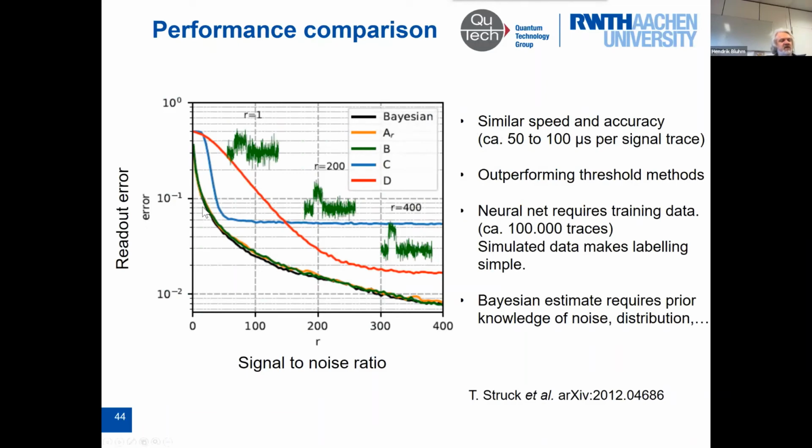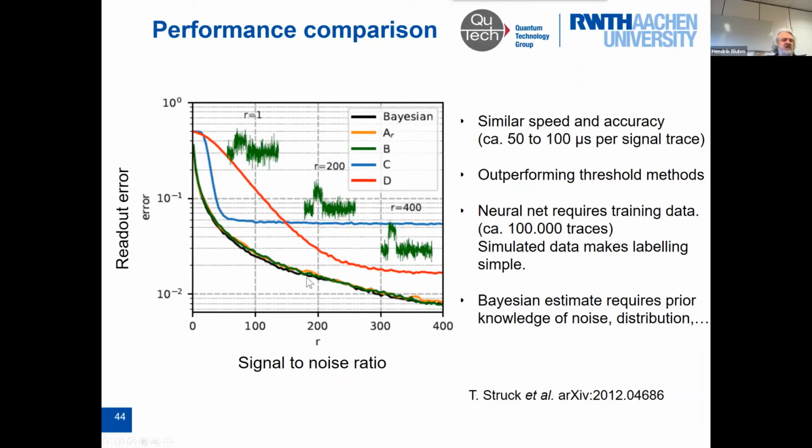And what we find is that if the network is trained well on simulated data, the performance of the Bayesian approach and the neural network are basically identical. What you see here is the readout error as a function of the signal to noise ratio, which is the key input parameter.